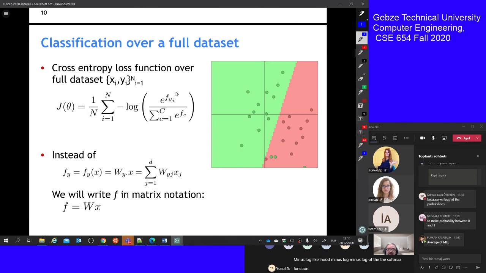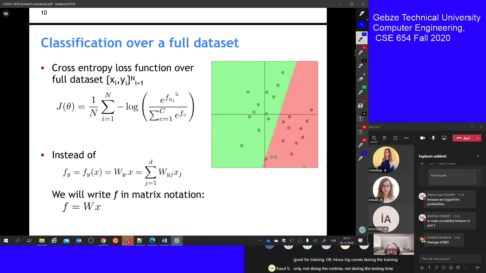Okay, this one is good for deciding my prediction. This one is good for training. Minus log comes during the training only, not during the runtime, not during the testing time.